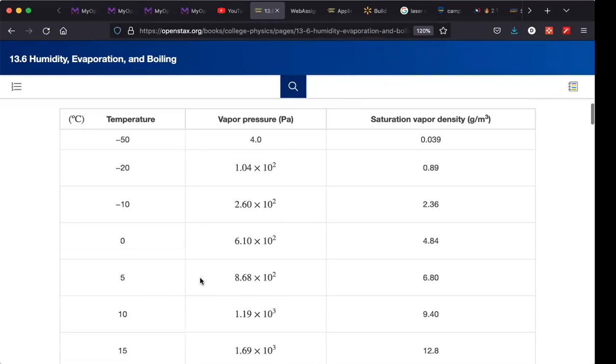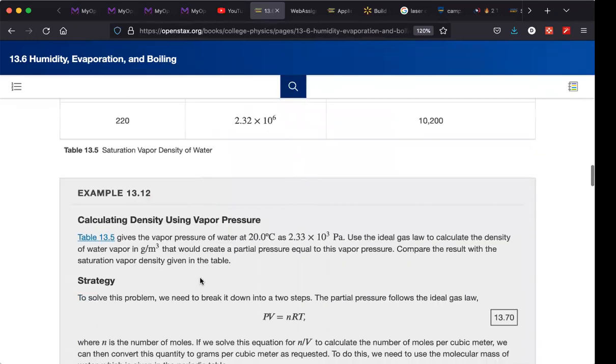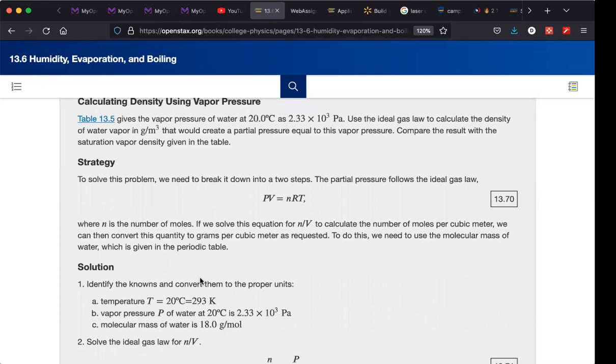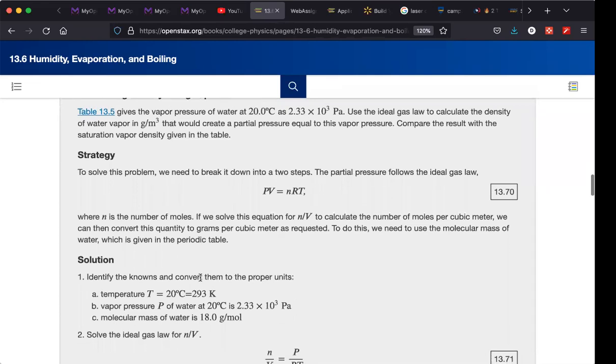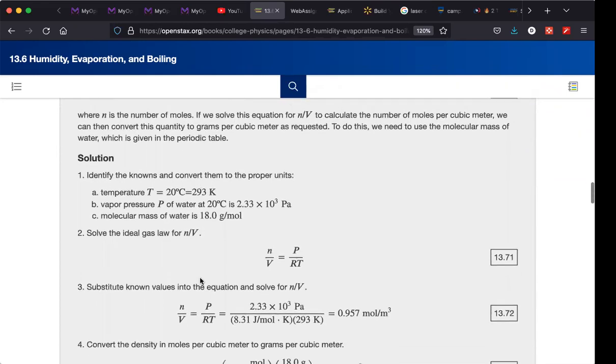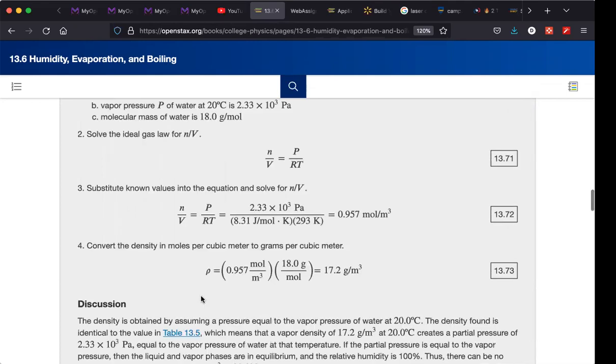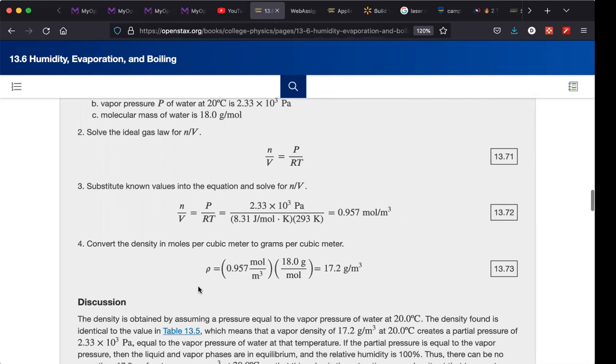Where do they define the partial pressure? I can't remember. Well, anyway, in this one they calculate the number of molecules per volume, and then they convert that using the density of the gas of water.